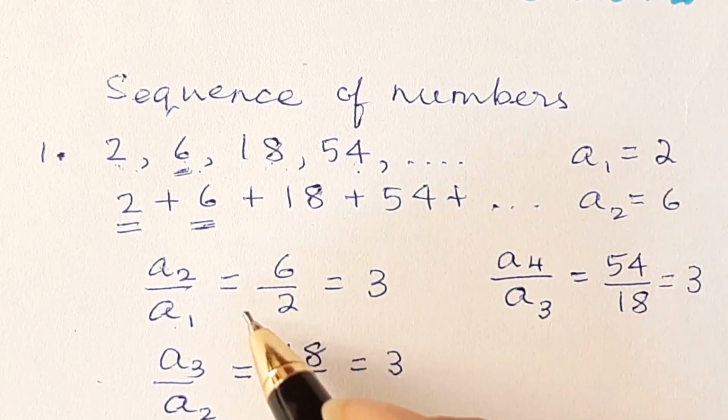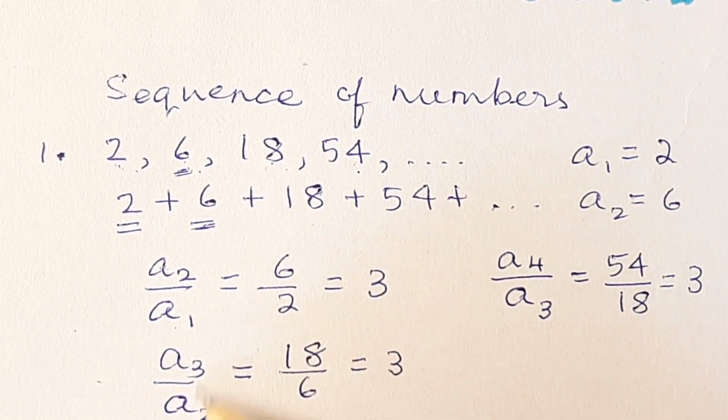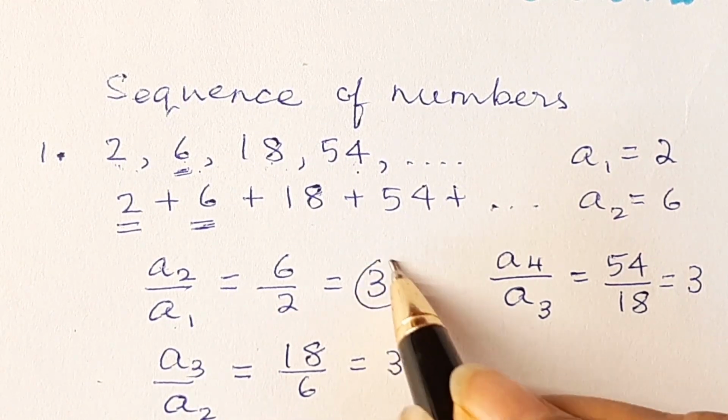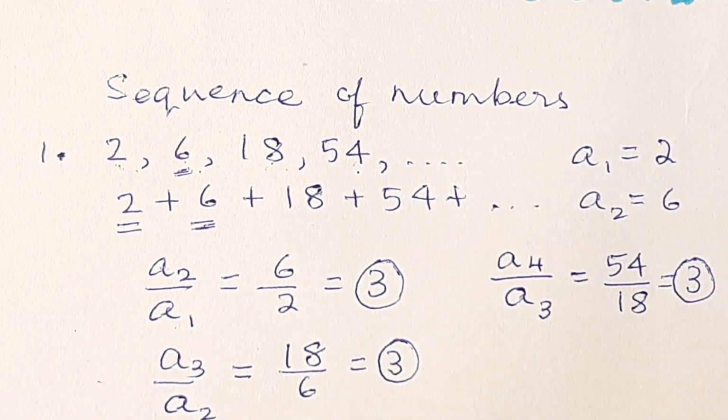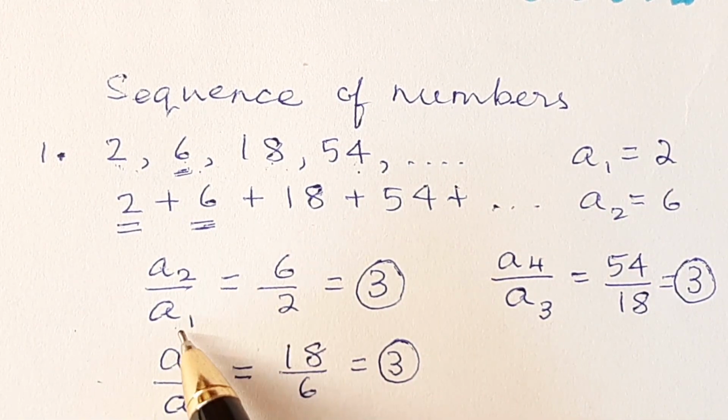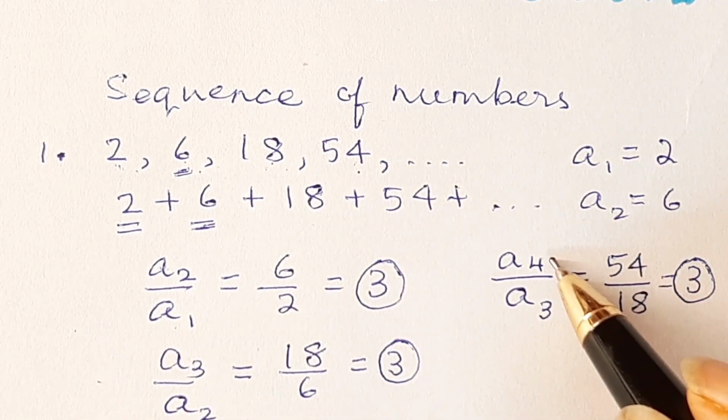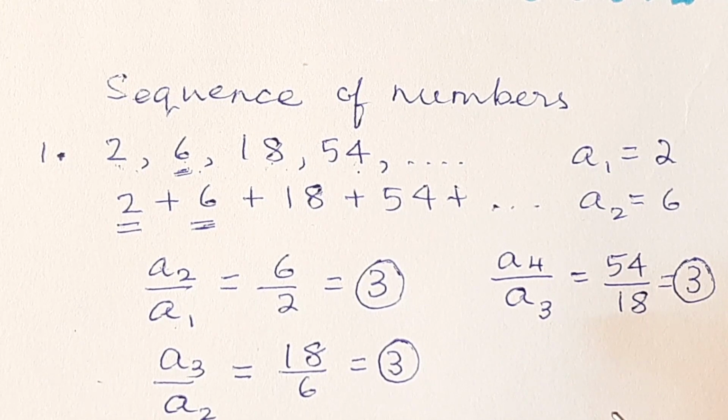So we see that here the ratio between the consecutive terms is the same, it is constant. Can we see that? And we see the pattern that A2 upon A1 is equal to A3 upon A2 is equal to A4 upon A3.